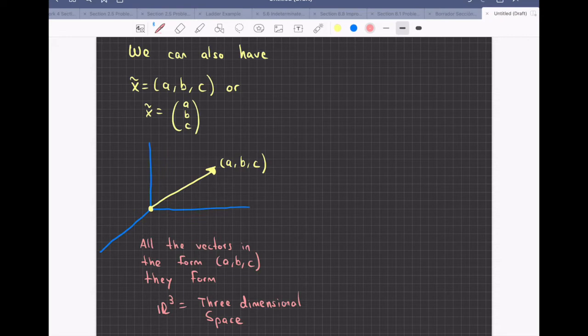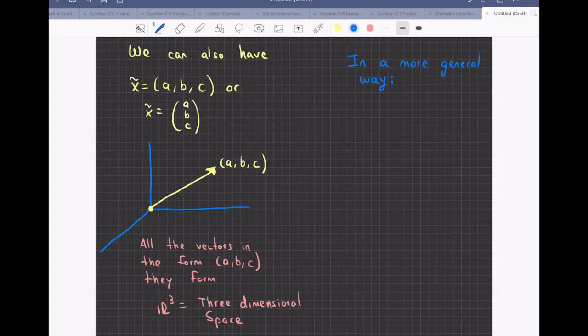But now, how can we define this in a more general way? Notice we have defined a vector as two numbers with order or three numbers with order, (A, B) or (A, B, C).